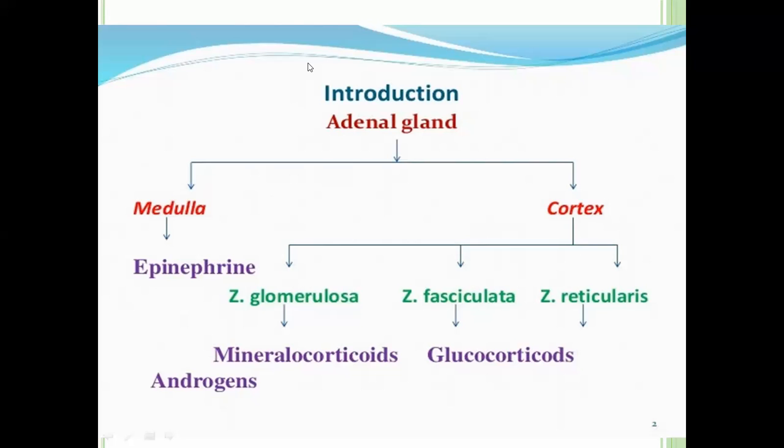So aldosterone is released from the zona glomerulosa, the outer zone of the adrenal cortex. The definition of mineralocorticoids is that aldosterone is a hormone released from the zona glomerulosa, the outer zone of the adrenal cortex, and this secretion is known as mineralocorticoids.